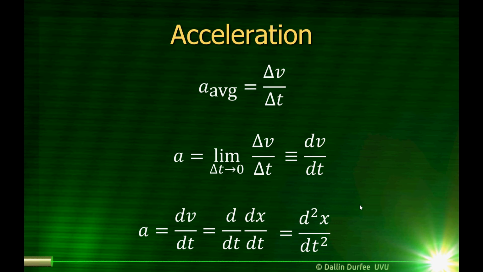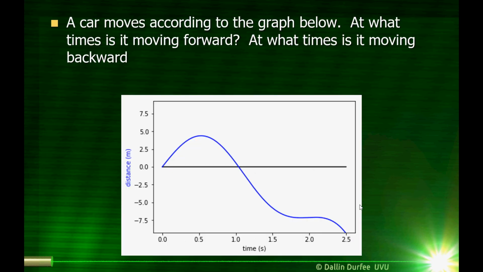They're the same thing. So let's imagine a car is moving according to this graph below. At what times is it moving forward, and at what times is it moving backwards? Here, where the distance is positive, that means that the car is to the plus side of where it started. And over here, the car is at the negative side of where it started.